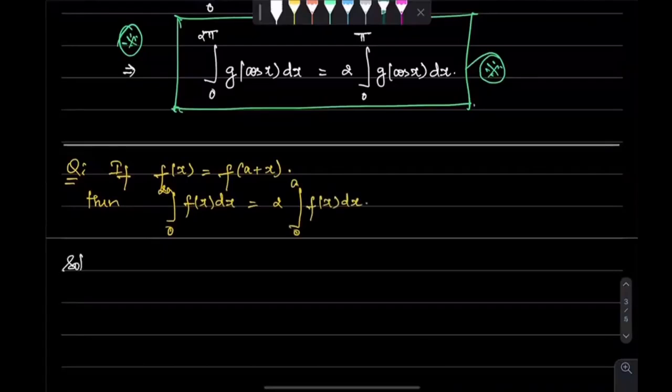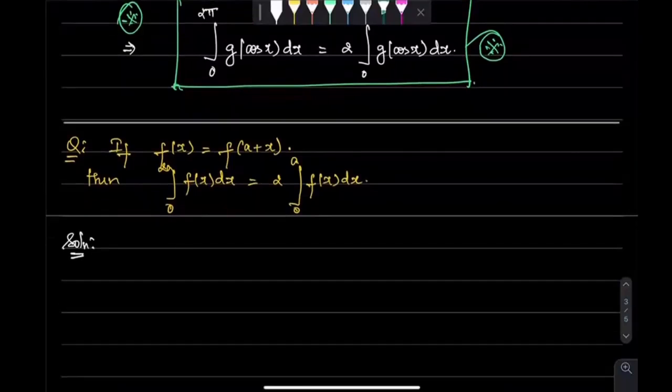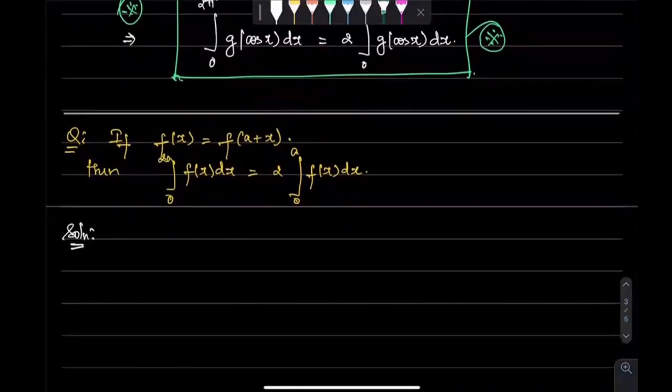Do you understand what is happening here? Can I consider this as a result? But before that, you need to solve this properly.